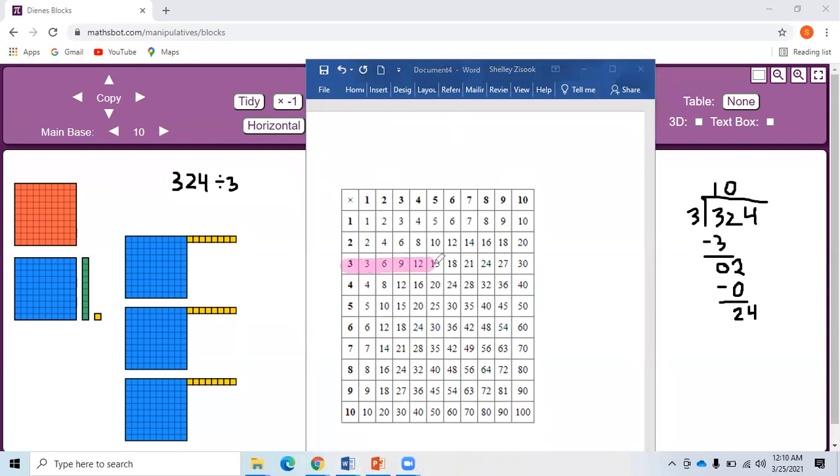So we want to look at this row, which are the multiples of 3. I can see that 24 is a multiple of 3. And how many times does 3 go into 24? Well, if I follow it up, it goes in 8 times. 24 divided by 3 is equal to 8.